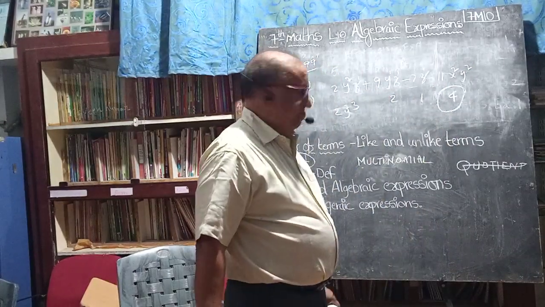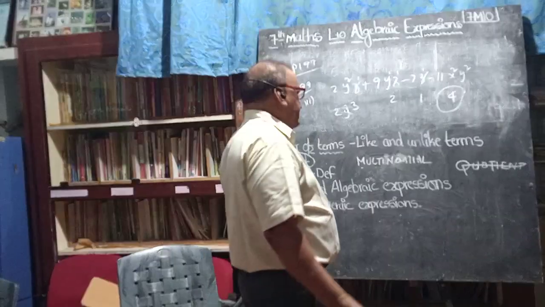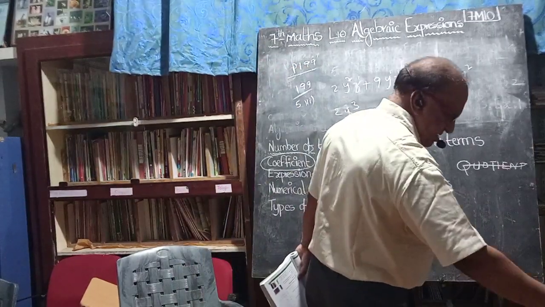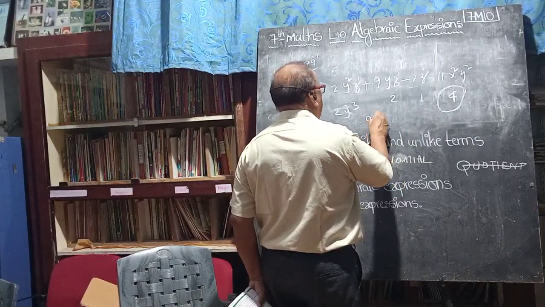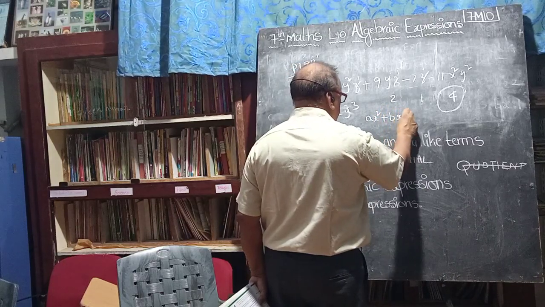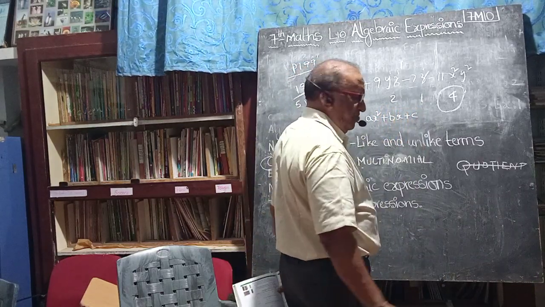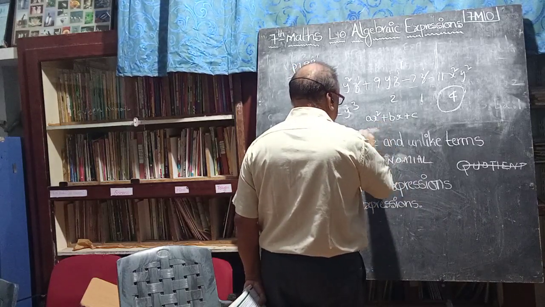It is 4. Incidentally, I forgot to mention one thing: a standard form of a second degree expression is ax square plus bx plus c. This is the standard form. You can put ax square or axy, it does not matter.